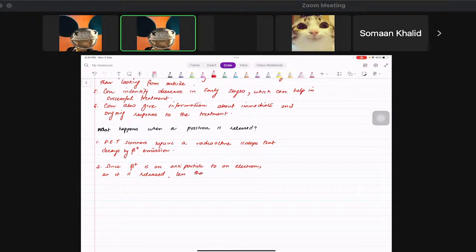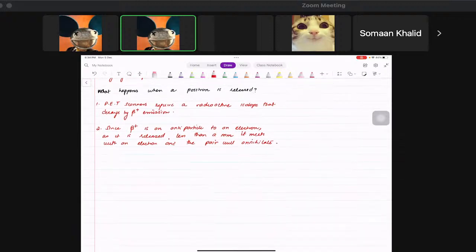less than a millimeter, it meets with an electron and the pair will annihilate. Okay, like for example, there is an electron and there is a positron.